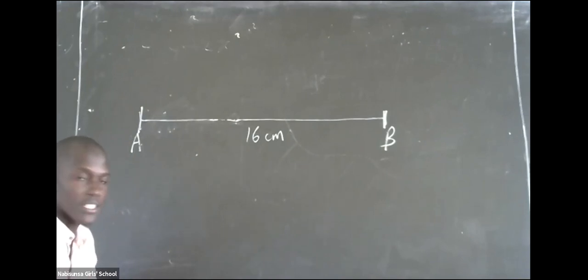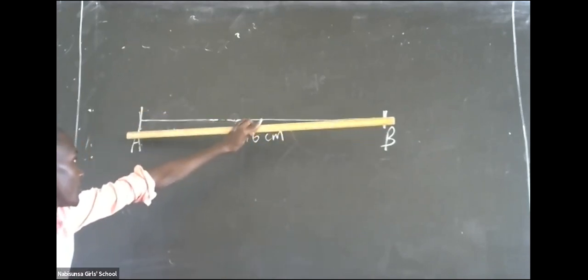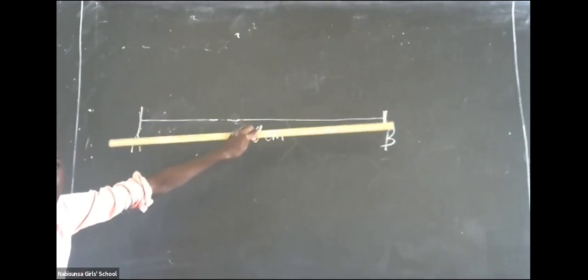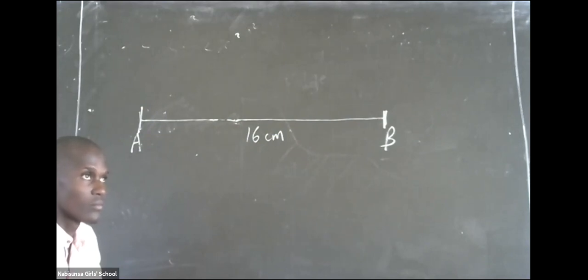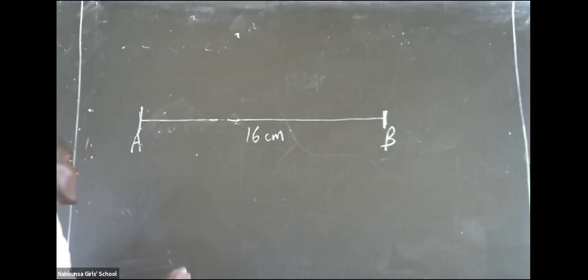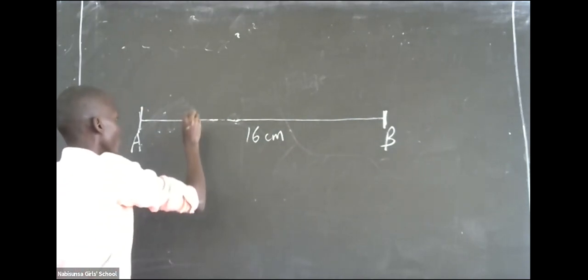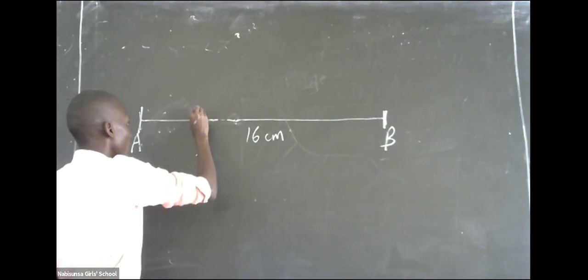Get your ruler, put it there, and measure 16 centimeters. Are you done? So, what I want you to do, first observe what I'm drawing.